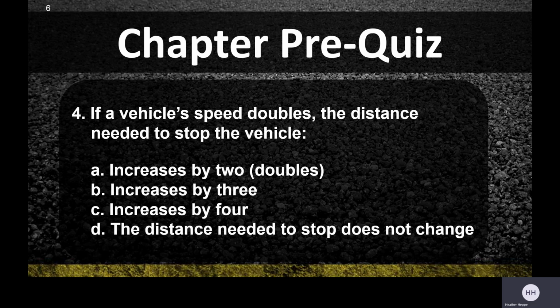Question number 4: If a vehicle's speed doubles, the distance needed to stop the vehicle A, increases by 2 or doubles, B, increases by 3, C, increases by 4, or D, does not change.